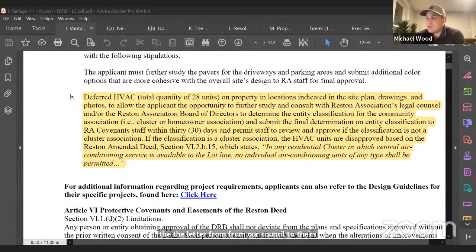Do we feel like that's new information, which obviously it is, to basically open back up the application to review these HVAC locations? Because I'm trying to remember, these are just going between the rear of the homes, I think, at the moment.